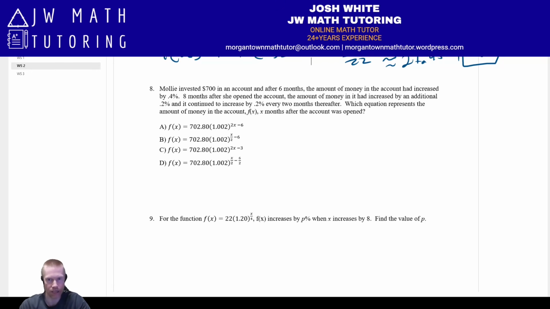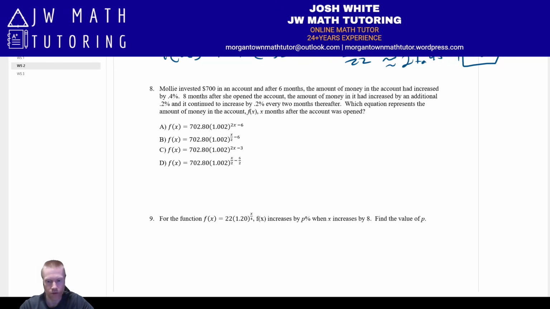And then a couple months later, the amount of money had increased by an additional percentage from the original amount, and then it continued to increase by that same percentage every 2 months after that. It says, which of these equations represents the amount of money in the account X months after the account was opened? They all look pretty similar. They all have the same number out front for your exponential, your starting amount. They all have the same base here, but the exponents are what is different.